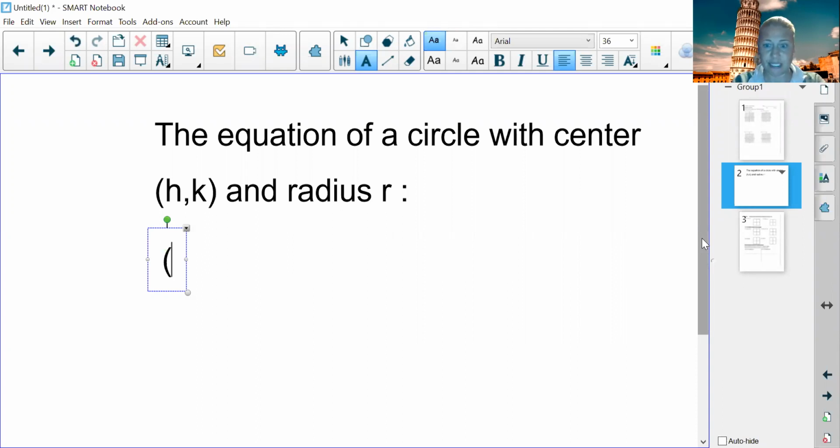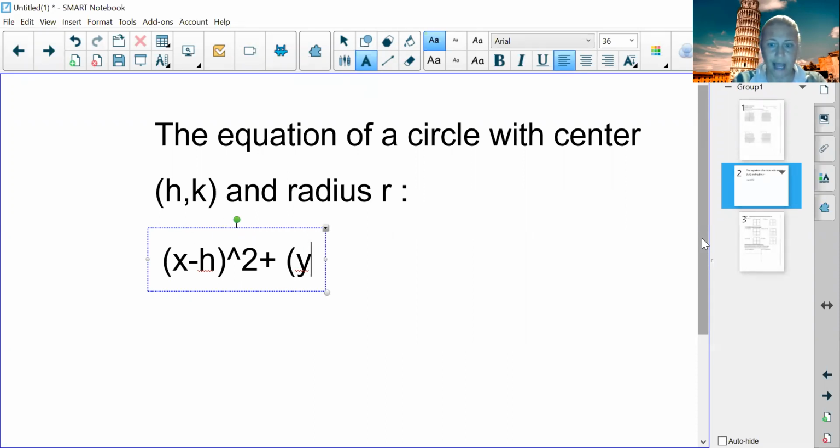And that equation is (x minus h) quantity squared plus (y minus k) quantity squared equals r squared.